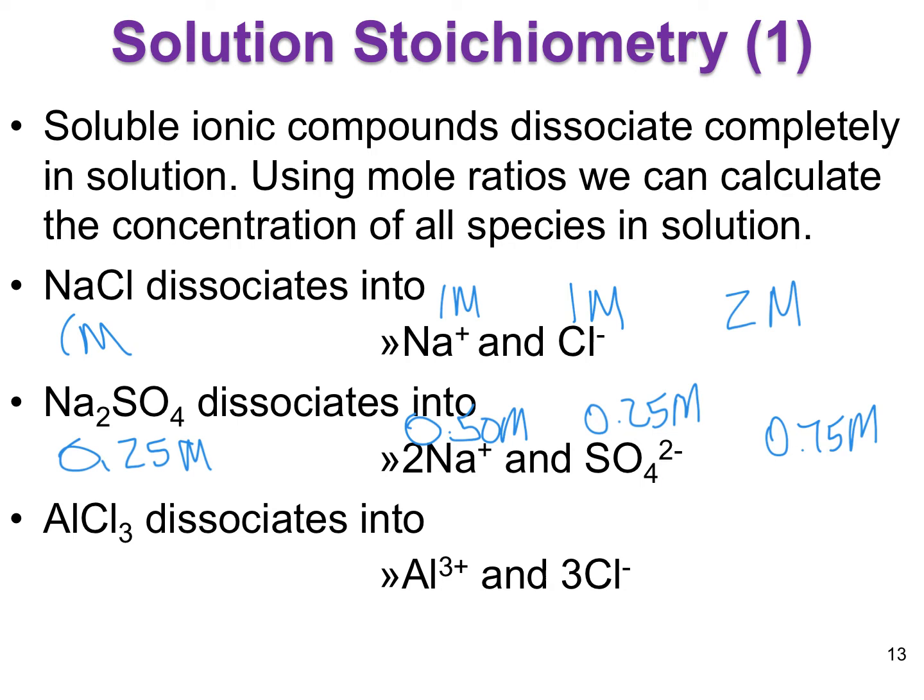Finally, aluminum chloride dissociates into 1 aluminum ion and 3 chloride ions. Thus, a 0.20 molar solution of aluminum chloride dissociates into 0.20 molar aluminum cations and 0.60 molar chloride anions, with a total of 0.80 molar ions.